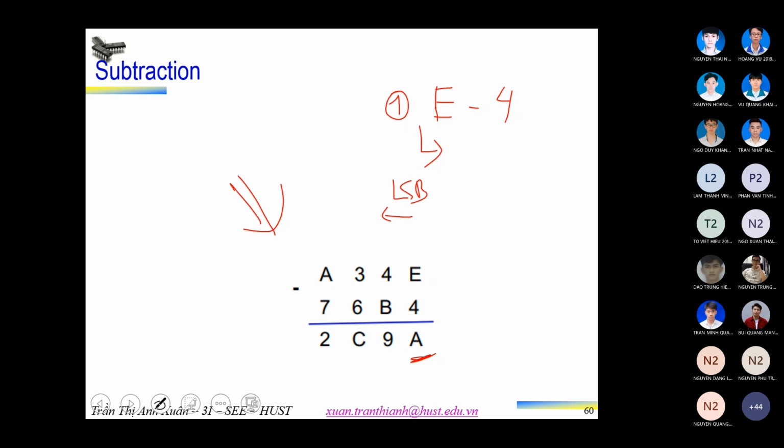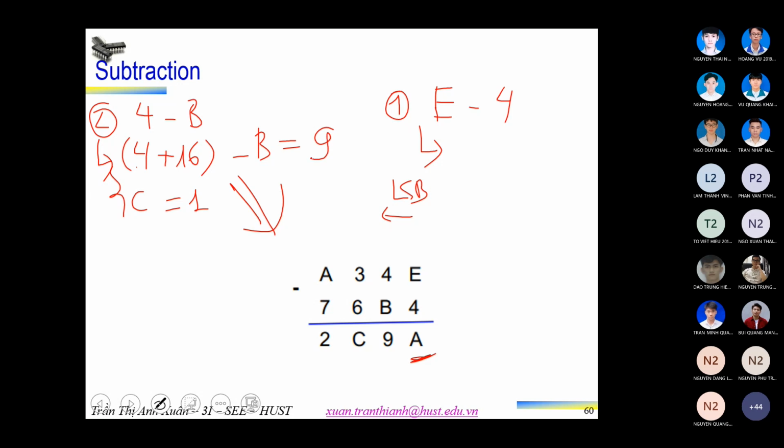The second, we do 4 minus B. 4 is less than B, so we must do the borrow here. That means 4 plus 16 minus B, and then the borrow bit is equal to 1. This difference is 9.